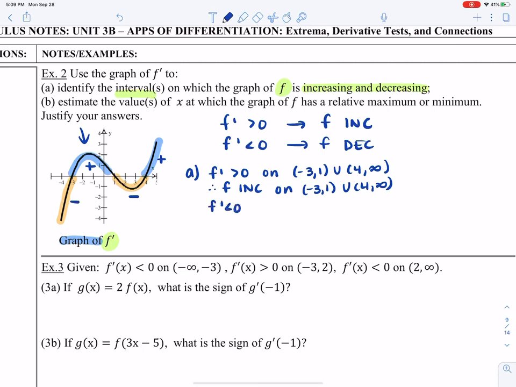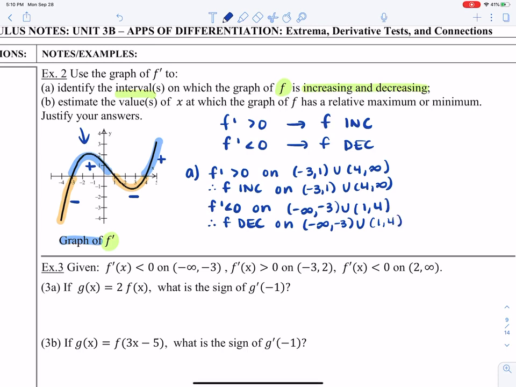So I can now answer part A. I can see that f prime is positive on the interval from -3 to 1, and also from 4 to infinity.